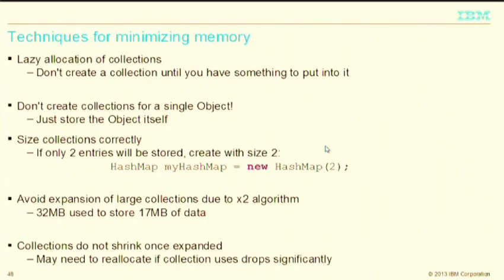Yes? For hash maps, I see you size it the same as to fill it 100%. Should you really be doing that in practice? Wouldn't that lead to a lot of collisions for a hash map if you're using it for performance? So the question is, if you're using a hash map, should you really size it correctly for the number of entries, because that gives a greater chance you're going to have hash collisions and have that linked list for access time.